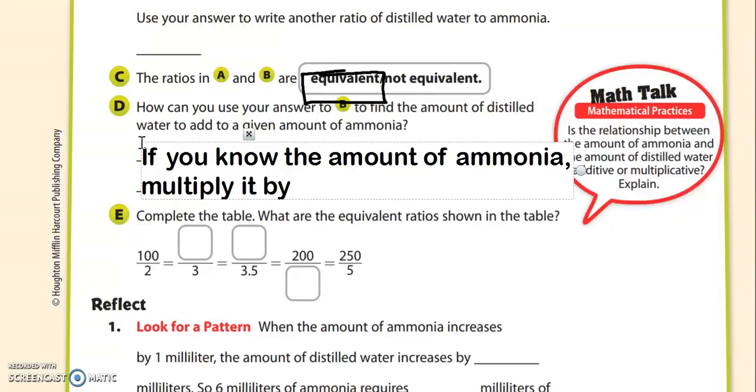If you had 2 mL of ammonia, you'd multiply it by 50 to get the amount of water. So that's what this is looking for here on D. If you know the amount of ammonia, multiply it by 50 to find the amount of water.